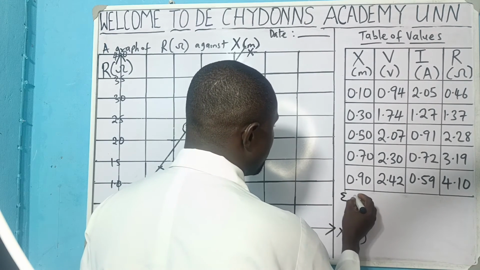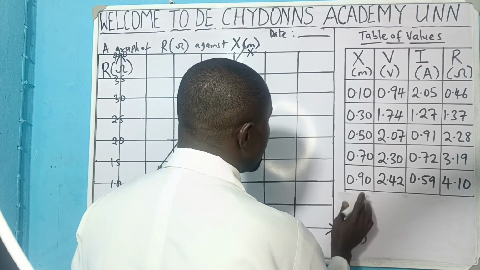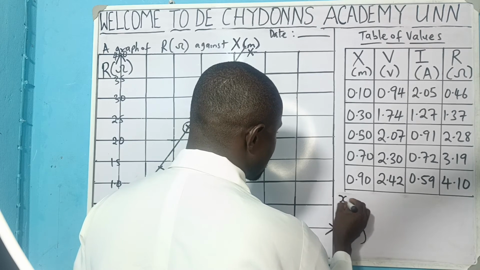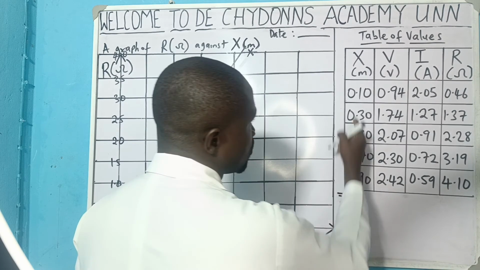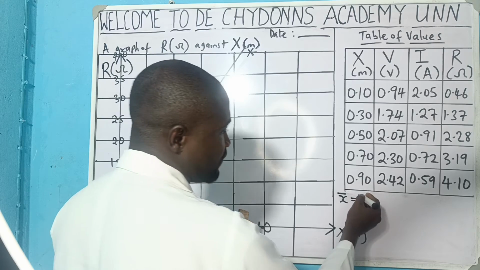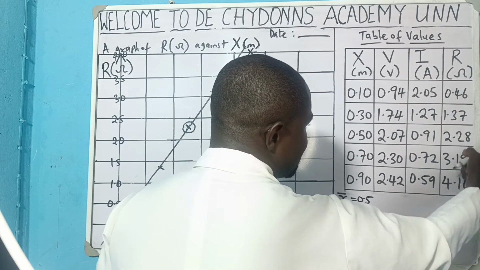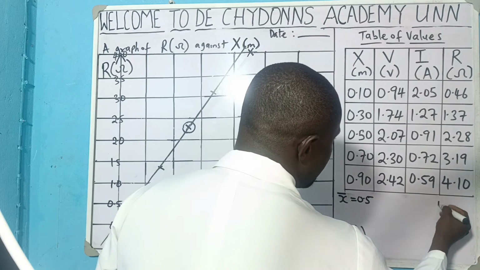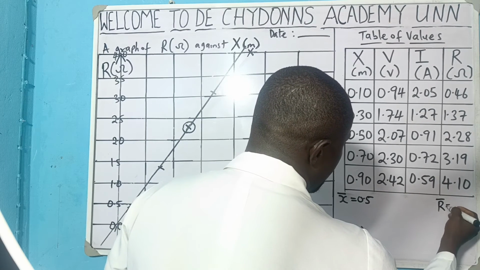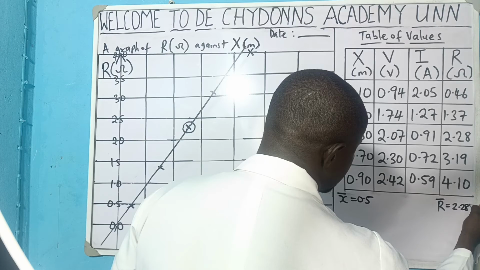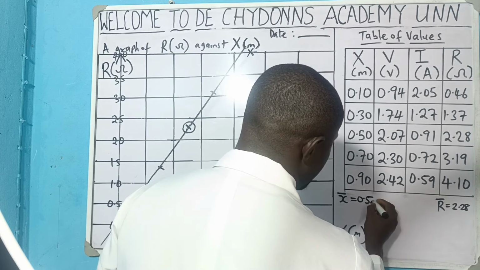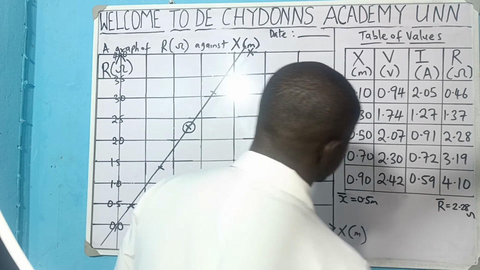The mean of x will be equal to 0.5. Then if you add all the r values divided by 5, the mean of r will be equal to 2.28. This is in meters and this is in ohms.